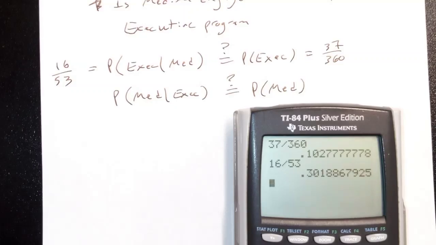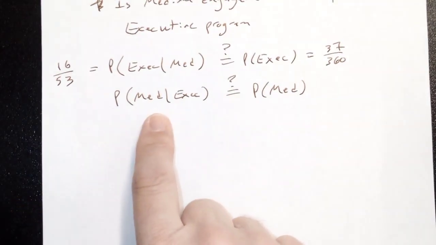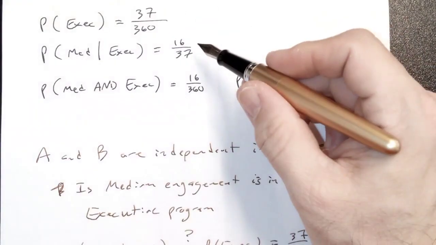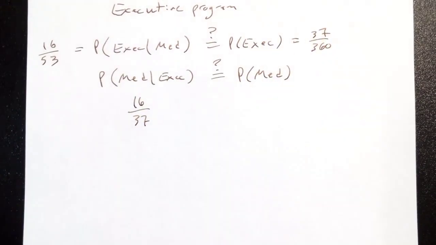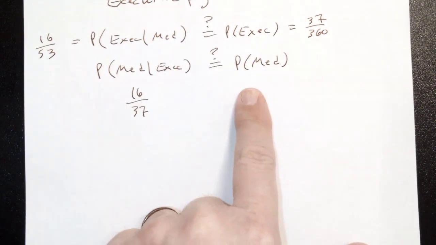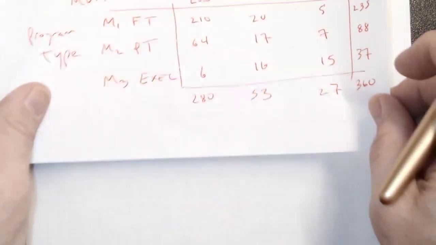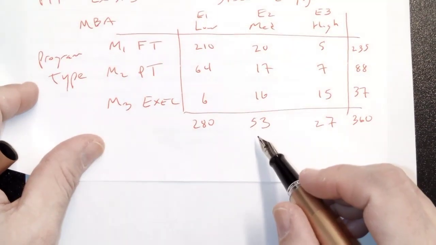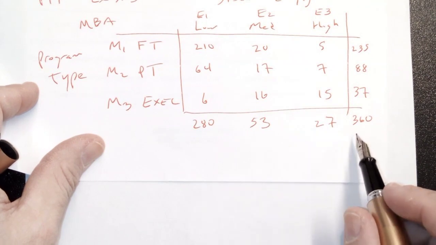Check the other ones. What I didn't get already, I mean, I have this number. This number is 16 out of 37. That's up here. What's this number? Grab the table. What's the chance of being in the medium engagement group? Out of? Exactly.